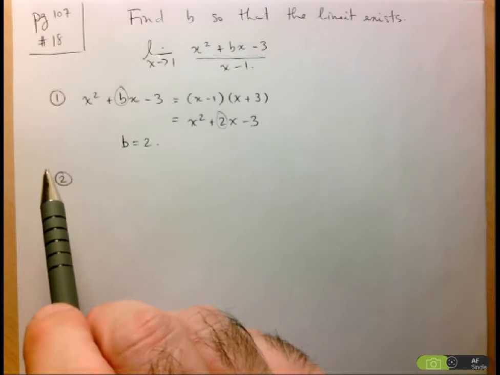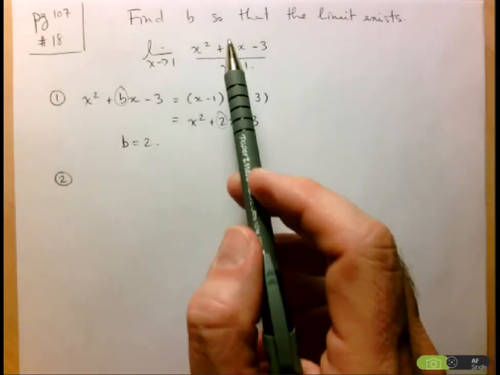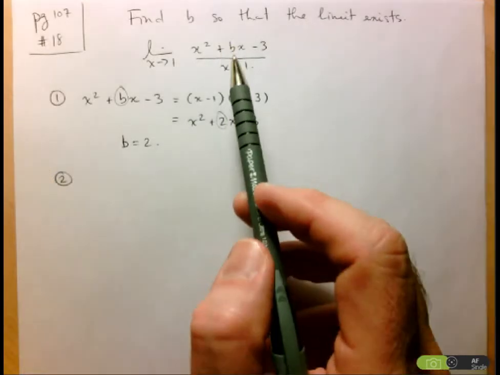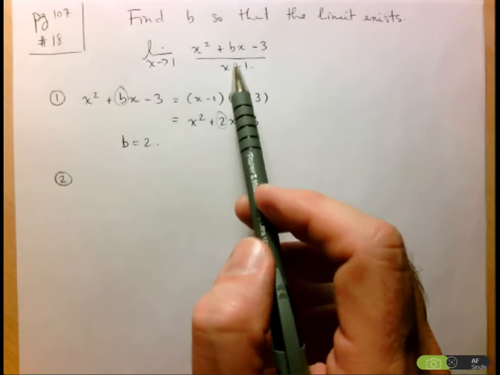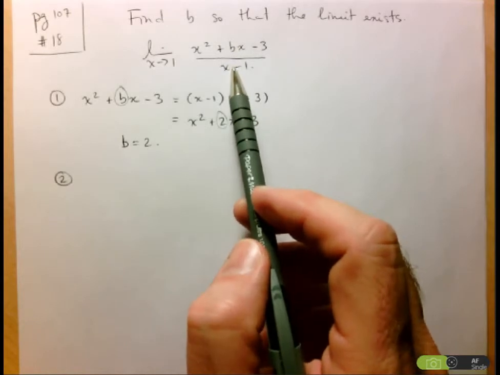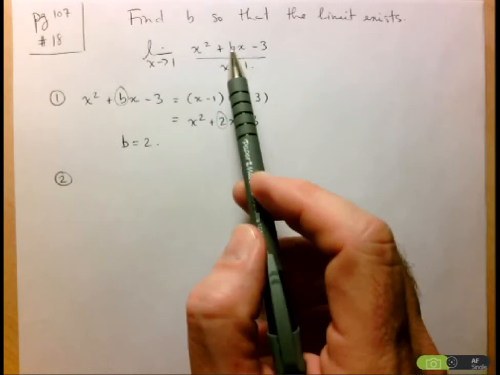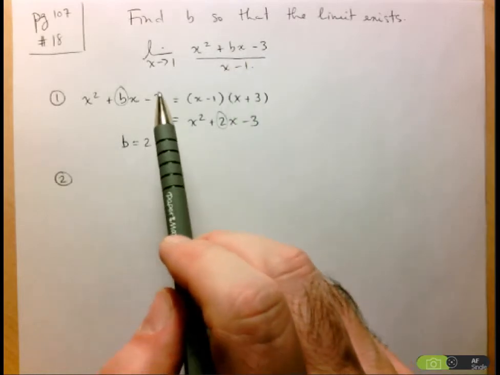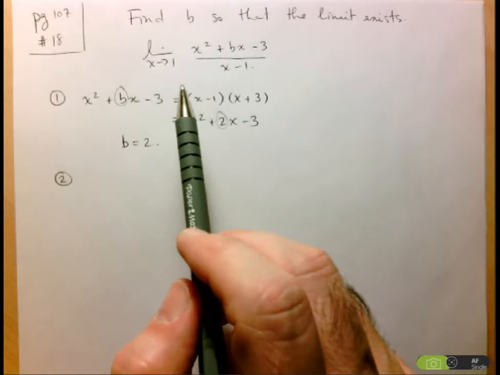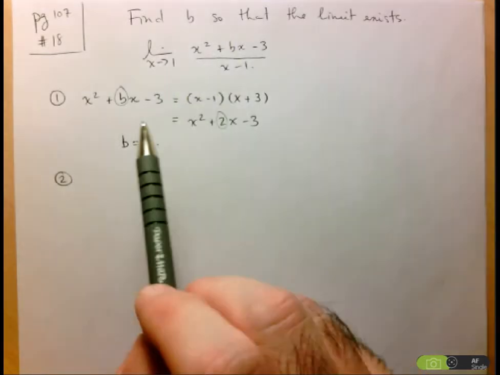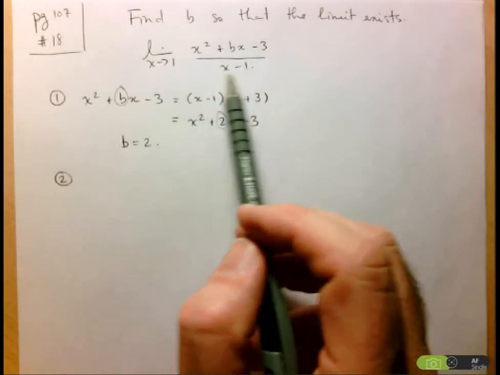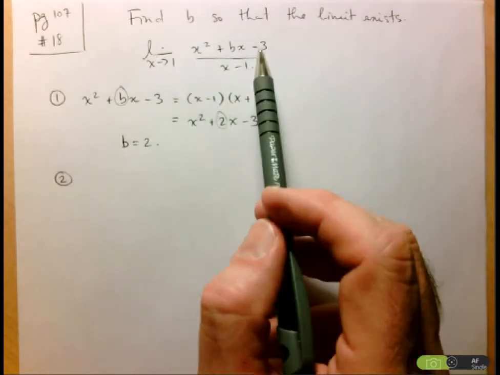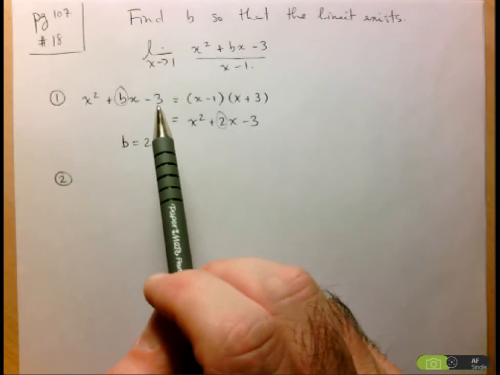But I do know that if I divide a polynomial by another polynomial, x minus 1 will be a perfect factor of the numerator if the remainder is 0 when I divide them.